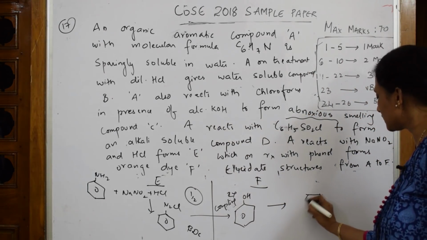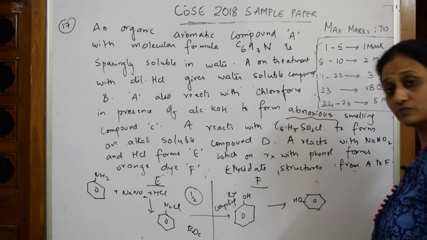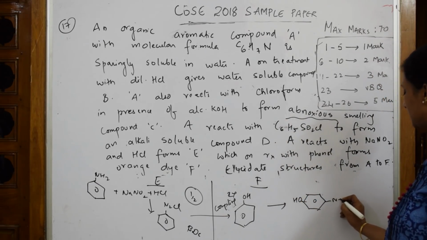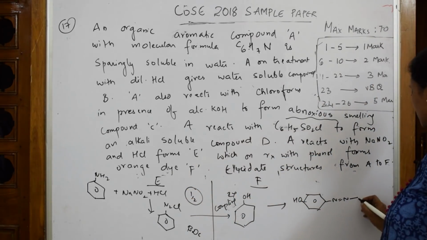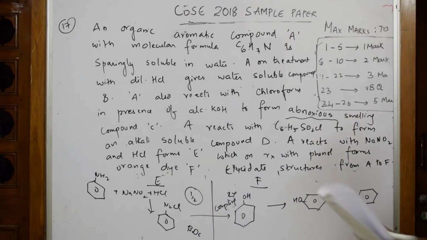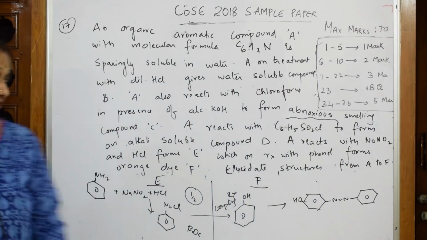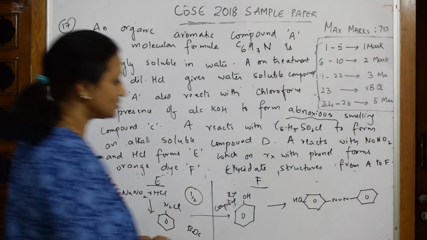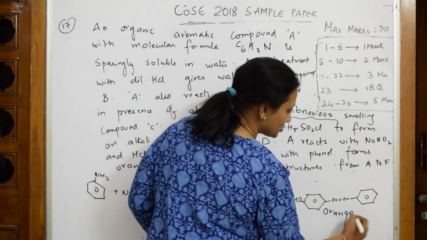You get 2 rings coupled together in this way, 1 ring here with 1 OH, and the second one with N double bond N joined in this way. HCl is out, and you get this ring. So this is your coupled product. Which color is that? This is azobenzene orange dye.